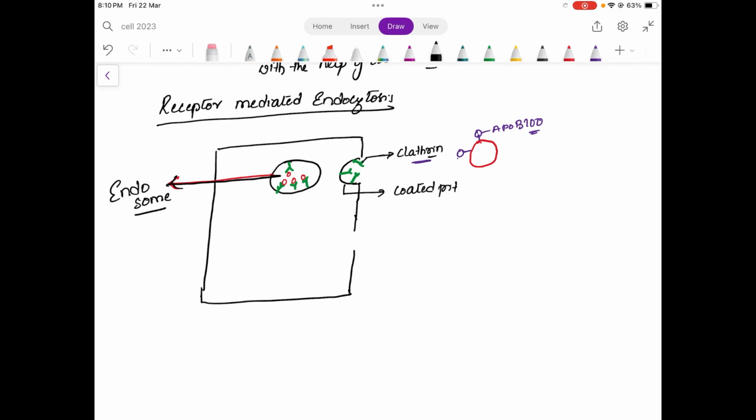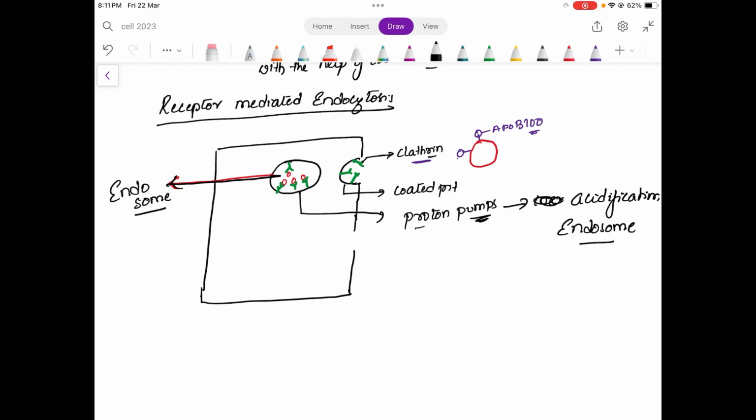After formation of endosome, what will happen? These membranes will have proton pumps, and these proton pumps will cause pumping of H plus ions into the endosome, causing acidification of endosome.